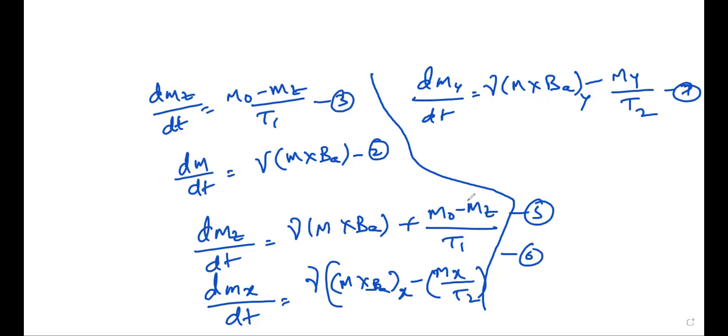Where T2 is the transverse relaxation time. So equations 5, 6, 7 are known as Bloch equations. We determine the frequency of free precession of a spin system in a static field.